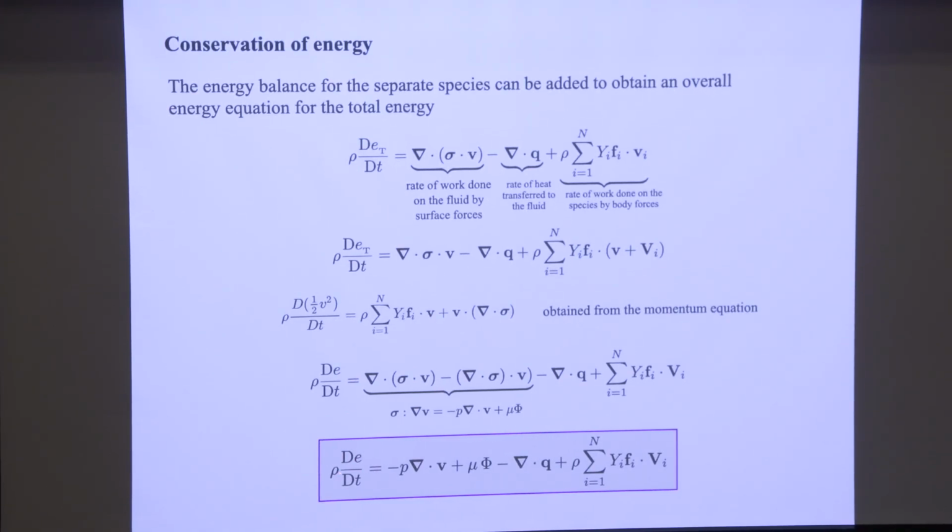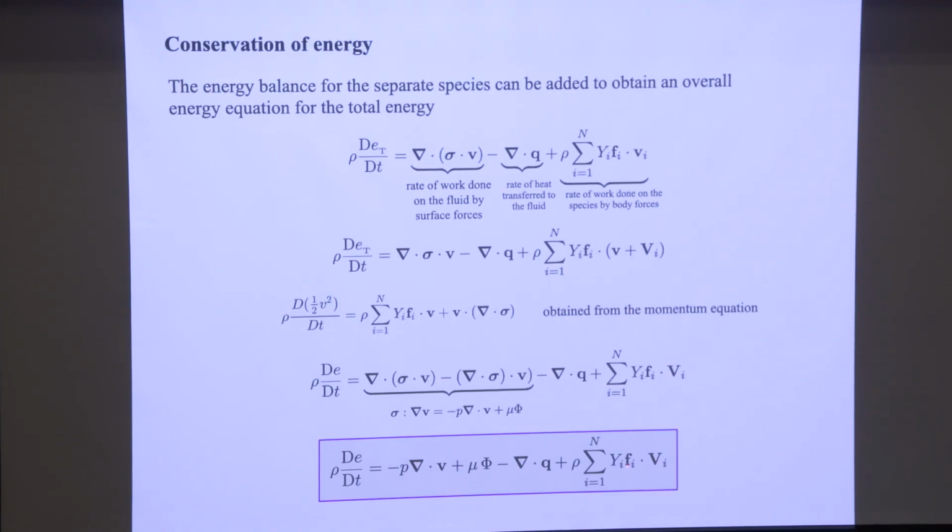So rho times dE/dt is the pressure term, very similar to a pure substance. You have the viscous dissipation, Phi, very similar to before. The only difference is that the viscosity coefficient is now of the mixture. And you have the heat transfer to the fluid element, and you have the body forces, which depend here on the different Fi and Vi.